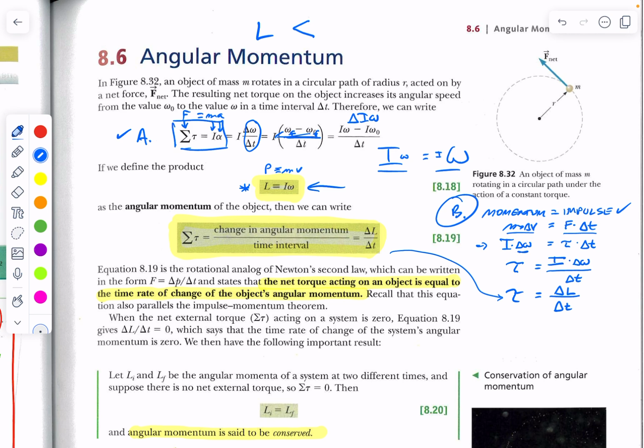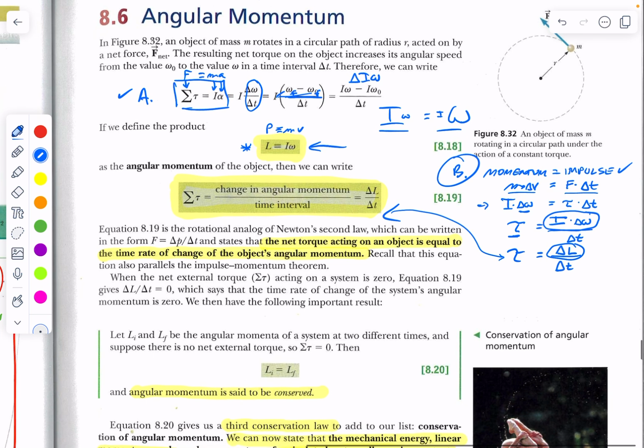And we solve it for tau, and then tau equals my inertia times angular velocity, which is defined as my change in L, change in angular momentum. And that's the same equation as you see up here.